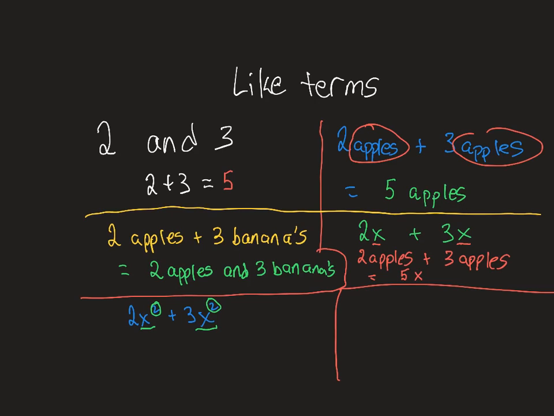In this case, I have x squared, and this also has x squared. So this is the same thing as also saying 2 apples plus 3 apples. So once again, this should be 5 apples, or in this case, 5x squared.